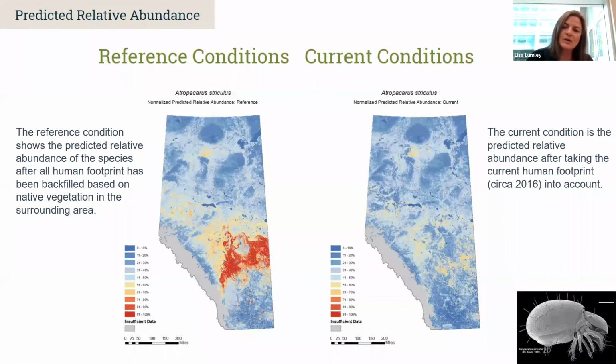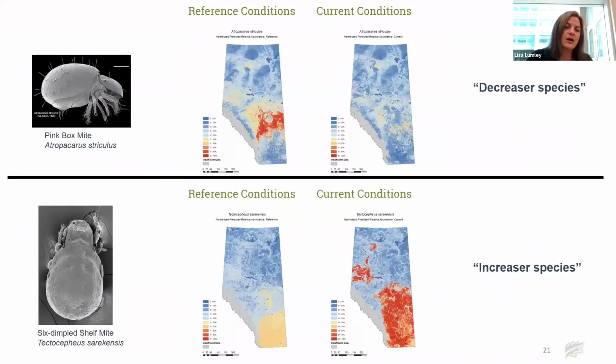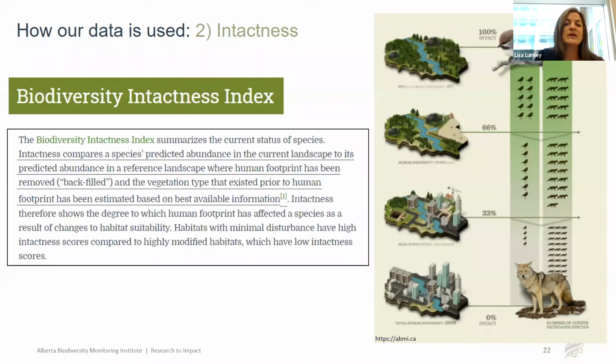And so again, we can see those differences between individual species, where we've seen a decrease over time with Atropocaris striculus, but an increase over time with Tectocephalus saracensis. We call these decreaser and increaser species, which then moves into intactness.